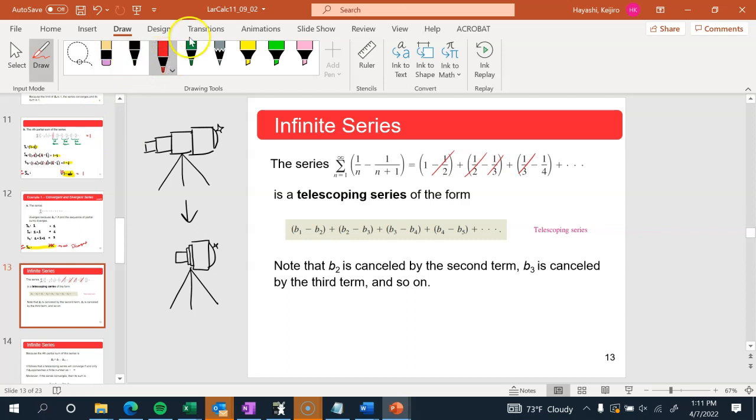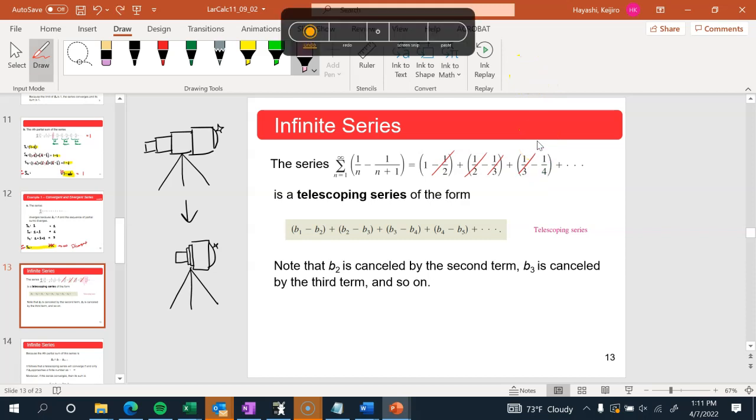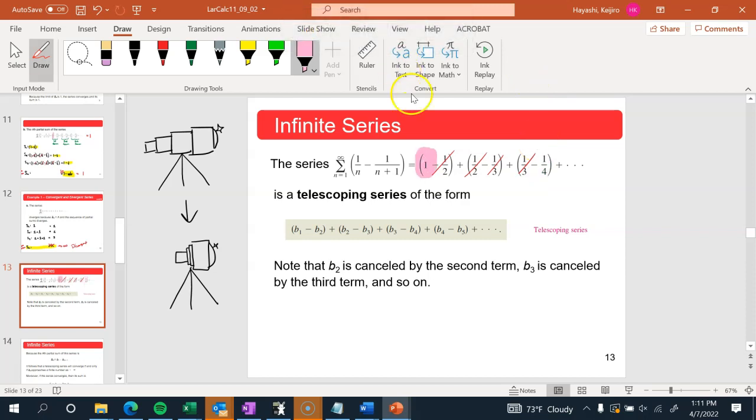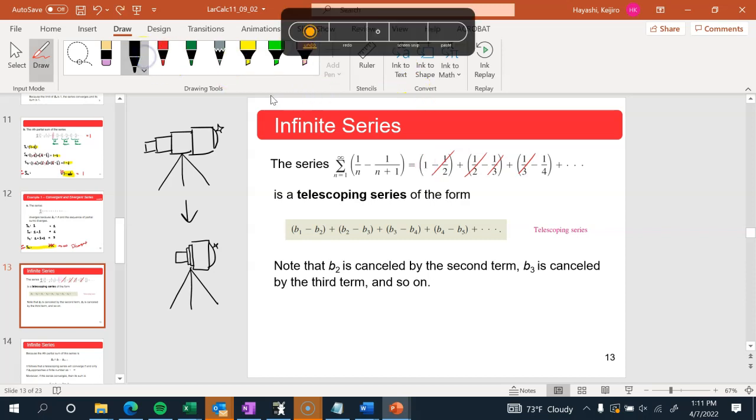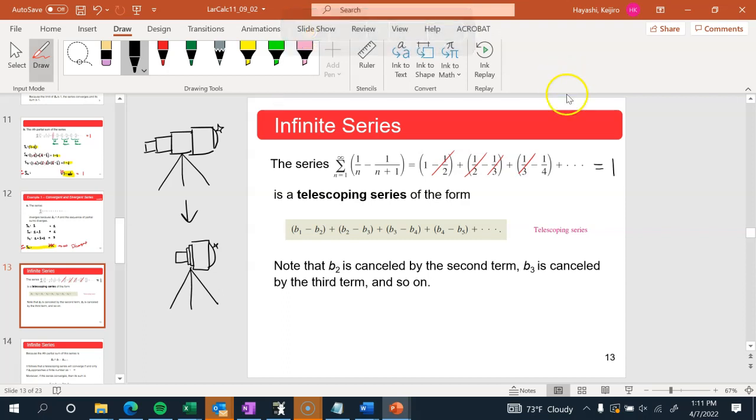So this part will generally speaking shrink to zero, whereas this part will just remain there always and never get canceled out. So that, again, this series equals 1.